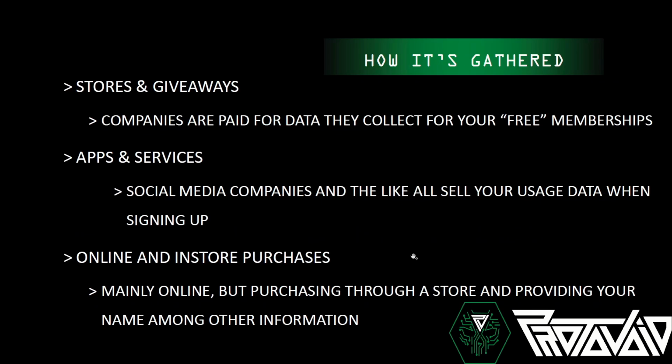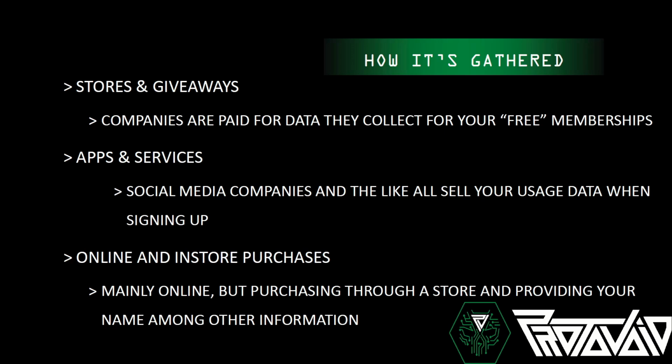So how it's gathered. We're going in a bit of an order in how I've been talking. So those stores and giveaways. Like I said in the beginning, companies are being paid for your data. You are a commodity, not a consumer. So you sign up for that free membership card at Safeway. You sign up for that free thing at the mall. You sign up for that random giveaway because they flag you down and give you a free hat or something.